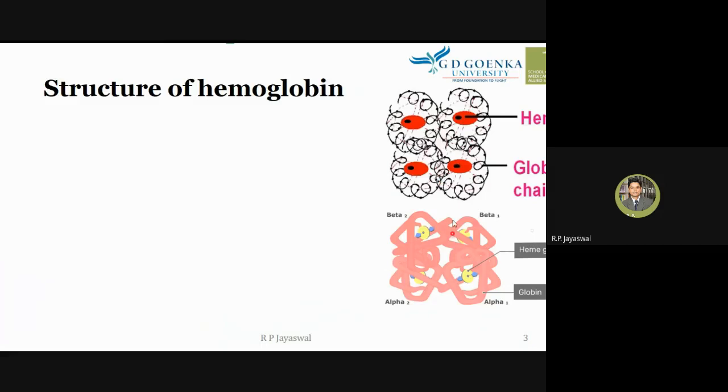This is the three-dimensional structure of hemoglobin, where we have 2 alpha chains, alpha 1 and alpha 2, and beta 1 and beta 2. These thread-like structures are the globin chains, alpha globin chains and beta globin chains.